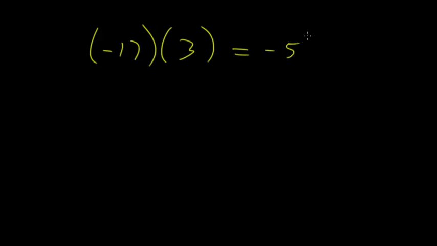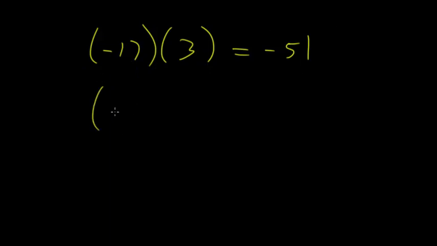So in practice, you really just need to memorize the ideas that, let's say, minus 17 times positive 3 has one negative, so this would be minus 51. It's like subtracting 17 3 times, or adding 3 minus 17 times. But regardless, you'll get a negative.